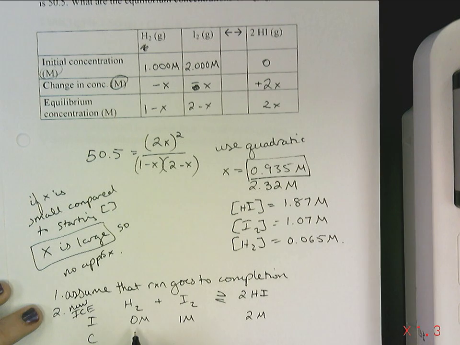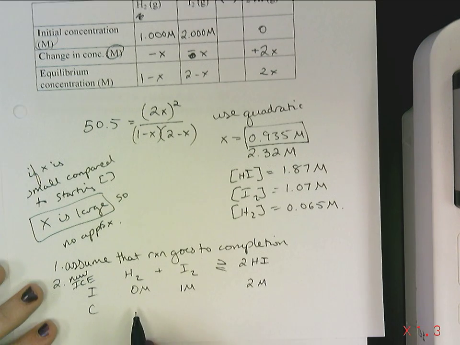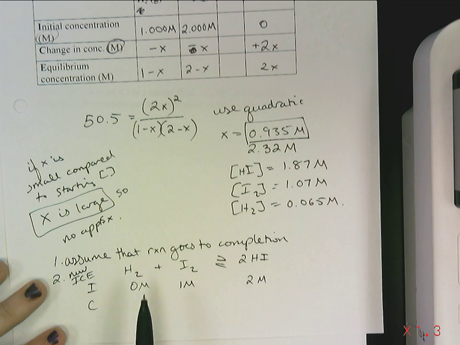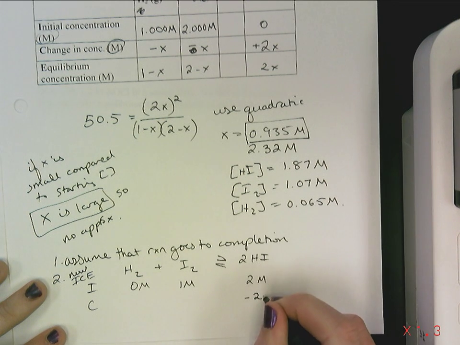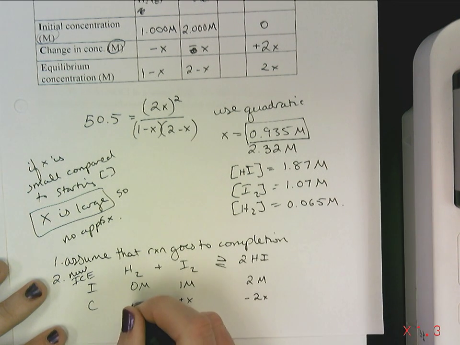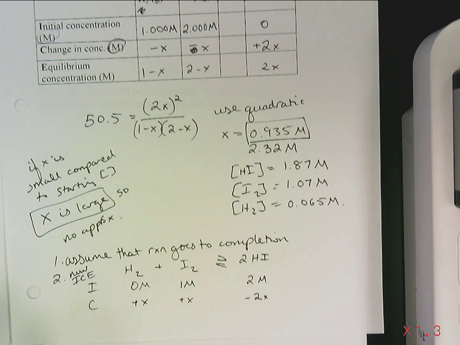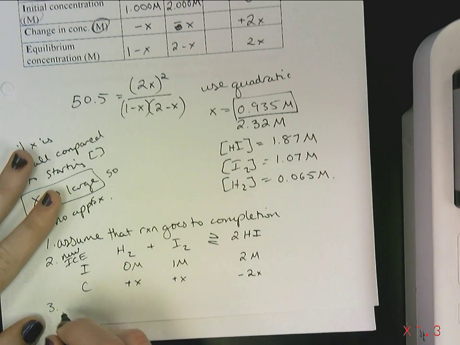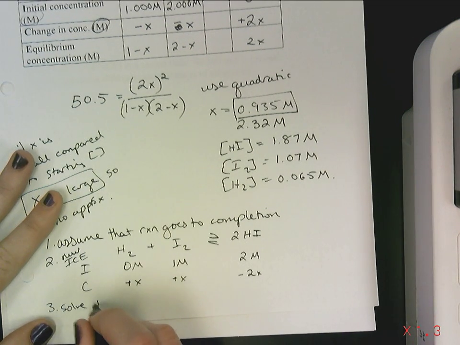In this case now, since I have 0 molar H2, the change has to go in this direction. It has to go from products to reactants because I can't react 0 moles of H2. So that means here I have negative 2x, I have plus x, and I have plus x. Okay, so the reaction is now going in the opposite direction. Now, step 3, solve the ICE problem.